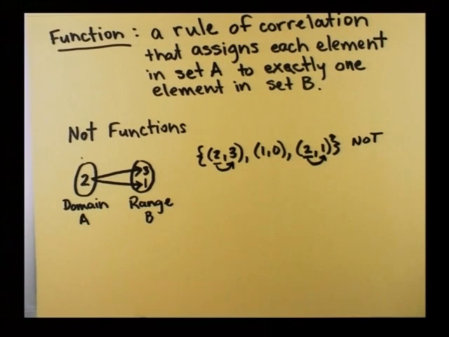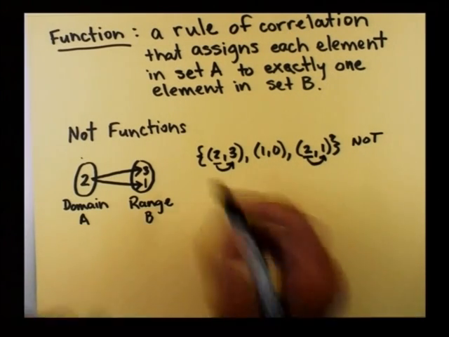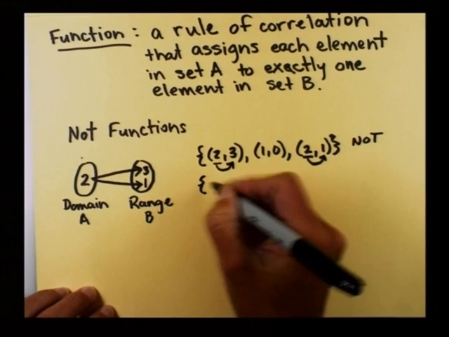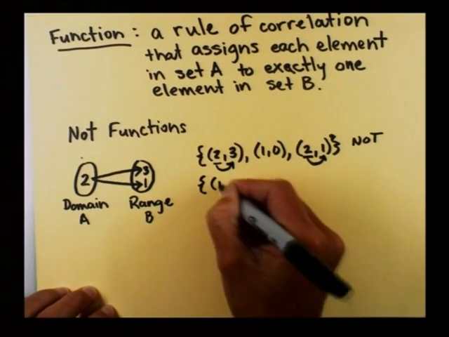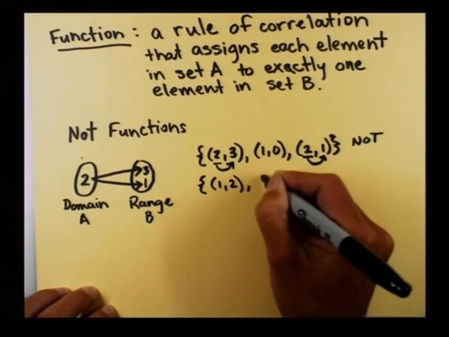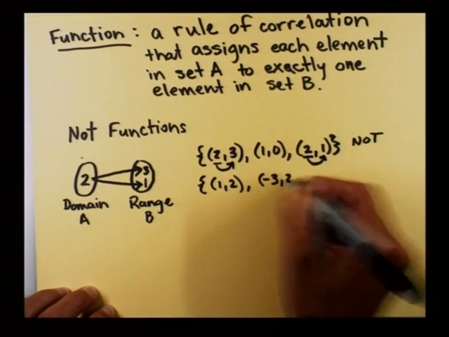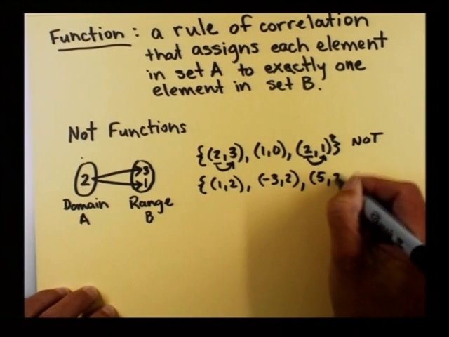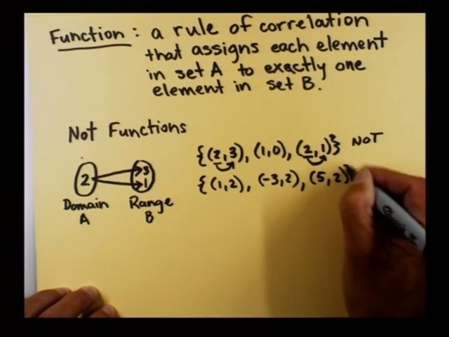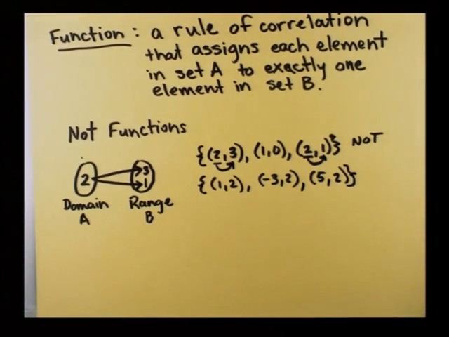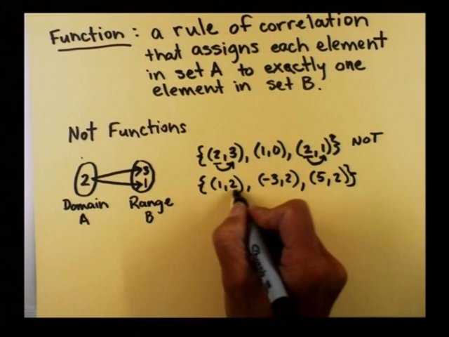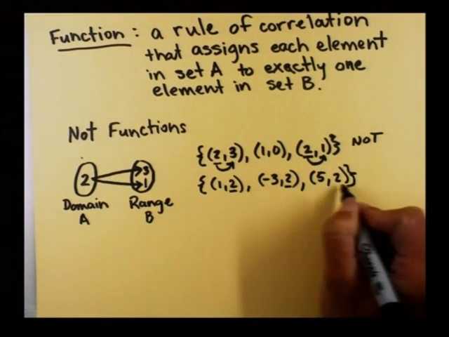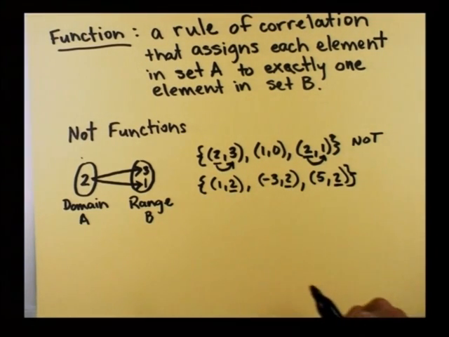And at this point, let me just show you one other set that I don't want you to get confused with. Notice the difference here. I do have a repeating number, but what's repeating here is the output number.